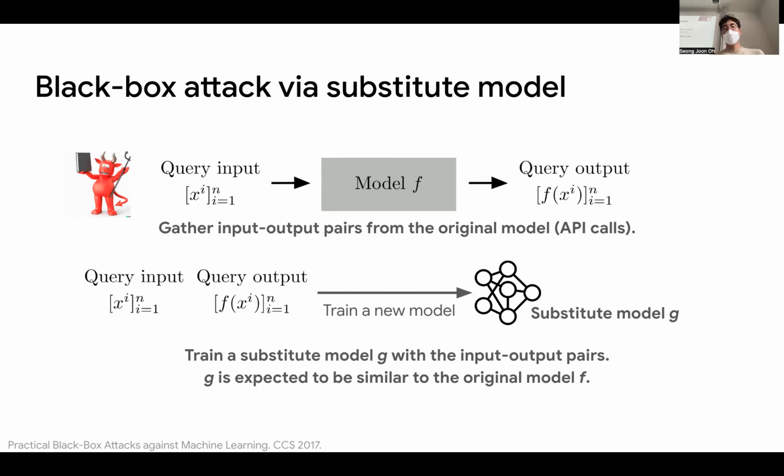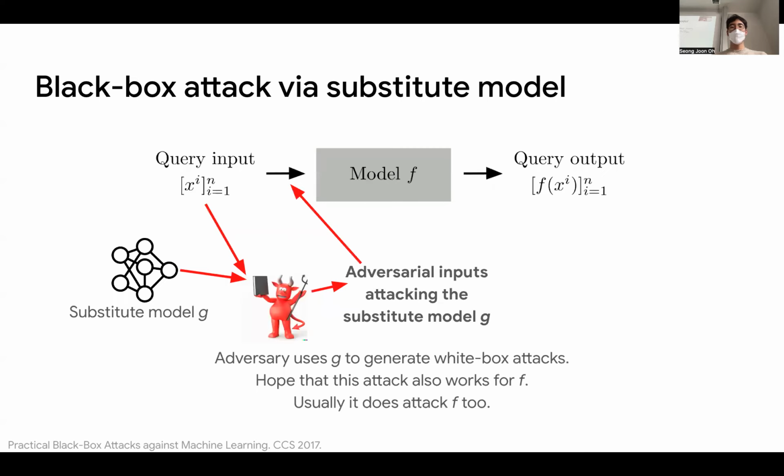Based on these query input and output pairs, you train your substitute model, G. The assumption here is that your substitute model G will be very close to the target model F, which is unknown, okay?